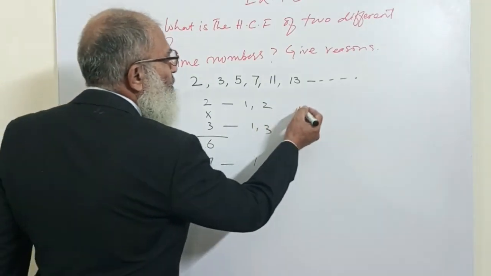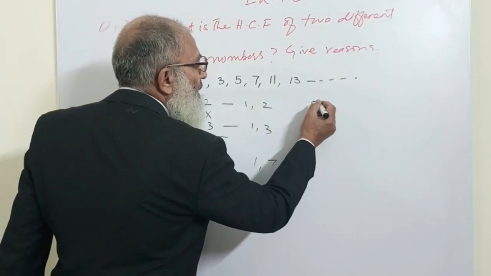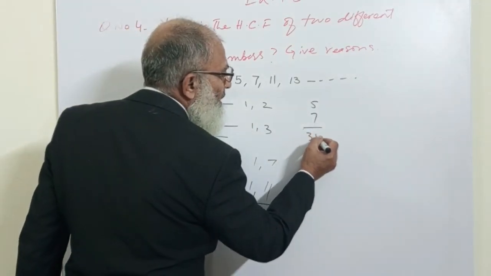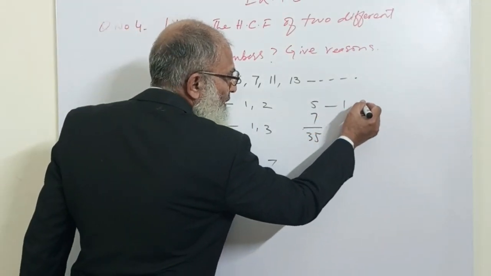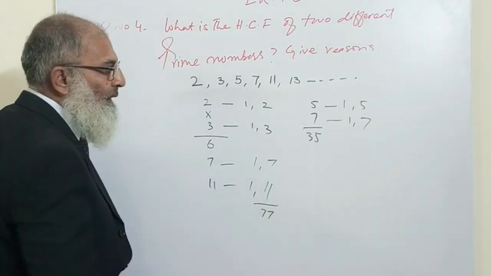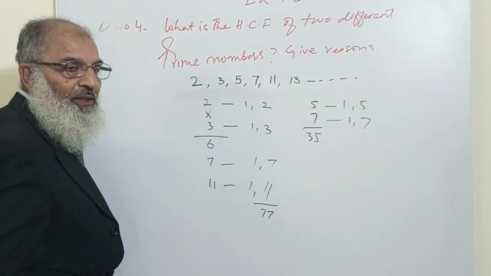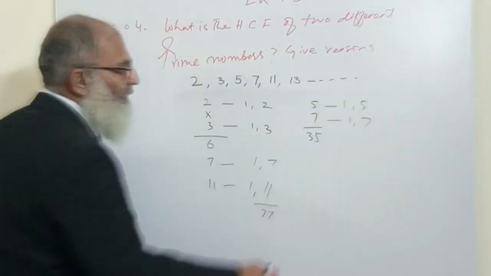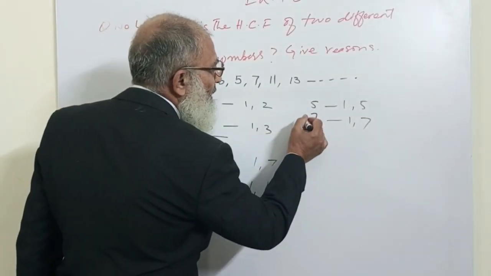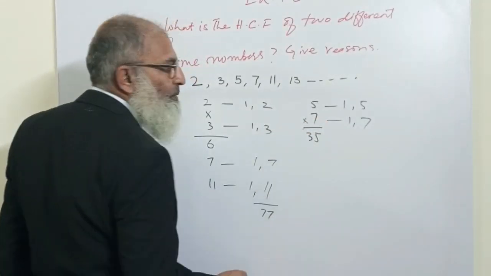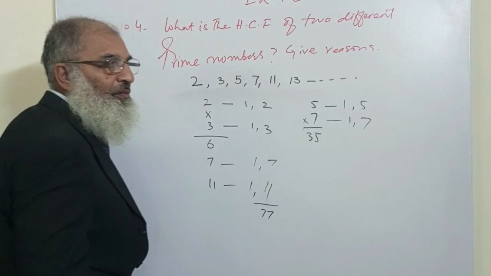And you can also check it for any other pair, that is 35. If you go for the factors, these are the factors, but you can't get any common factor between the two. So we just multiply the both and we get 35. Now 35 is divisible by 7, 35 is divisible by 5.